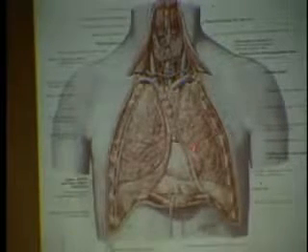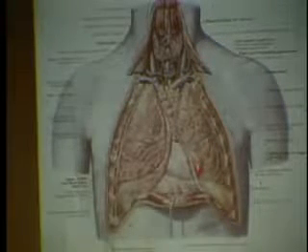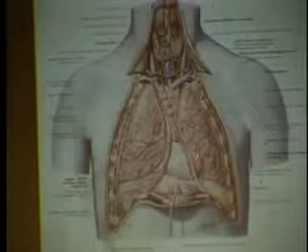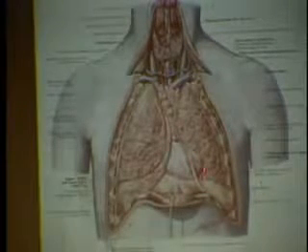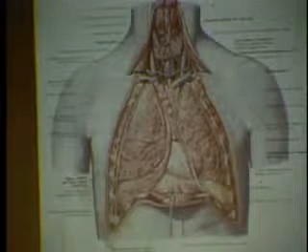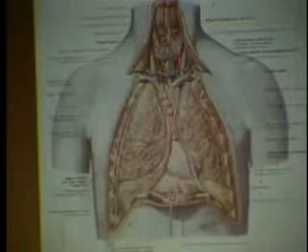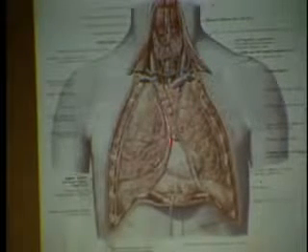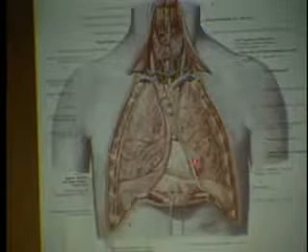Is the apex in the fifth intercostal space? Yes. Is the heart the size of a spleen? Yes, you know that. Is the heart 2/3 to the right of the midline? No. All you have to do is look at the midline here, and you've got it way over here on the left side.